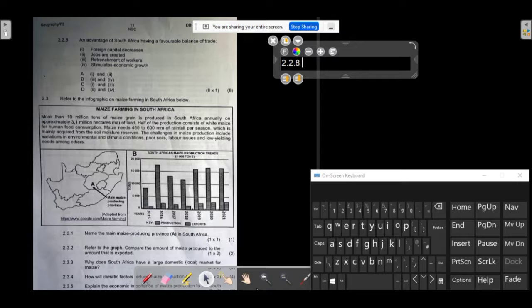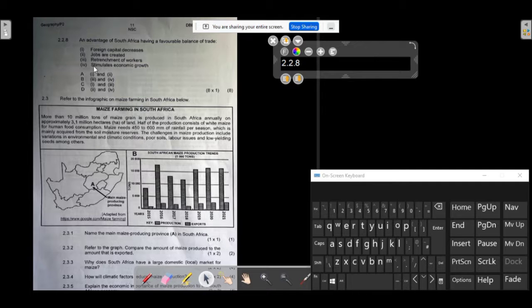Actually, guys, that is an advantage. It cannot be that foreign capital decreases. It actually increases because people will see that you're selling more and think, what if I invest my money there? That means I'm going to make more money. So I will go with Roman figure 2. Jobs are created indeed because you are selling more. That means more businesses are opening up, or production is being implemented at a larger scale.